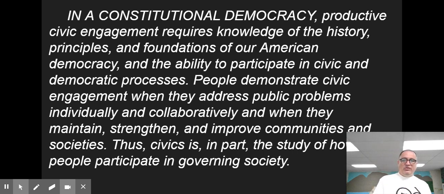And so you see here at the end, people demonstrate civic engagement when they address public problems individually and collaboratively, and when they maintain, strengthen, and improve communities and societies. So the engagement may be individual, it may be collaborative, but its purpose is always to push society forward.